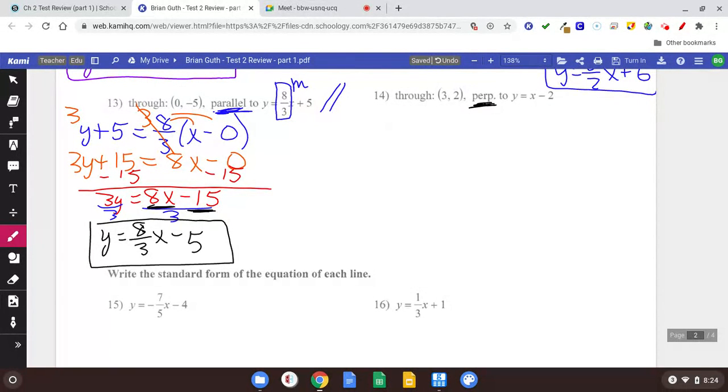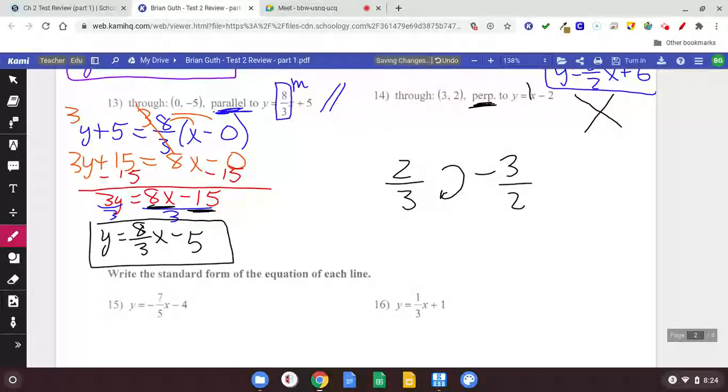Perpendicular. Okay, when we talk about perpendicular, it's not the same slope. So we see this line has a slope of 1, and if this is your slope, then perpendicular looks like this. They're definitely not the same. There's something called opposite reciprocals. So typically you're going to see a fraction, and the opposite reciprocal is going to be flip the fraction and change the sign.